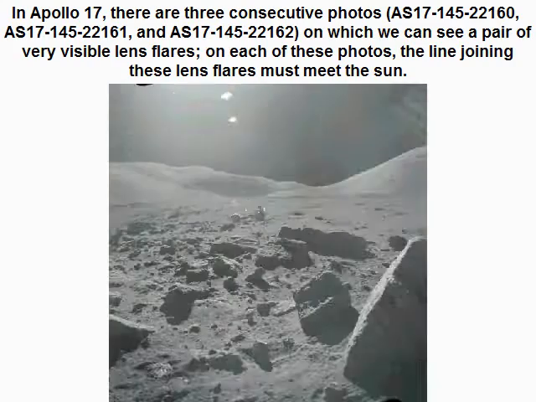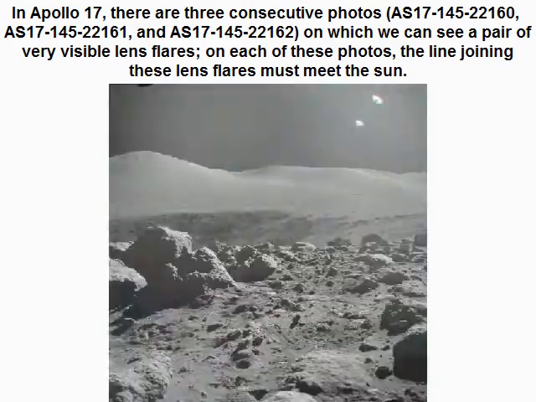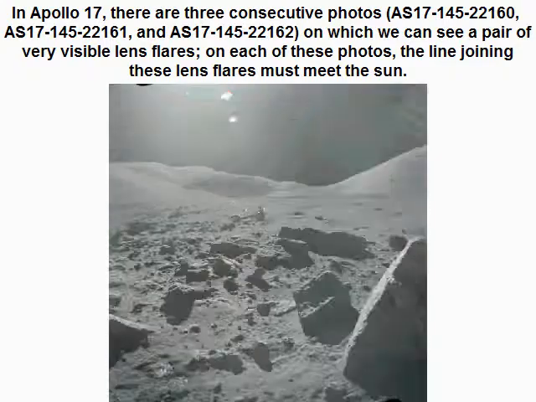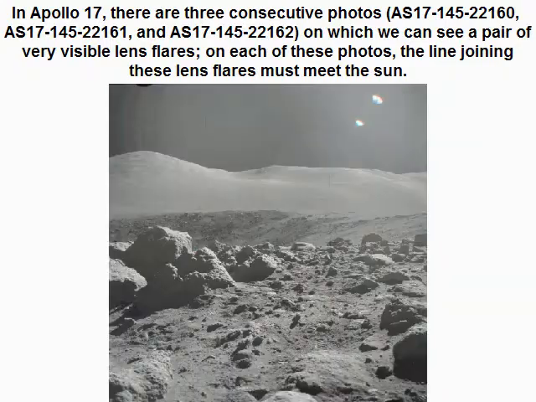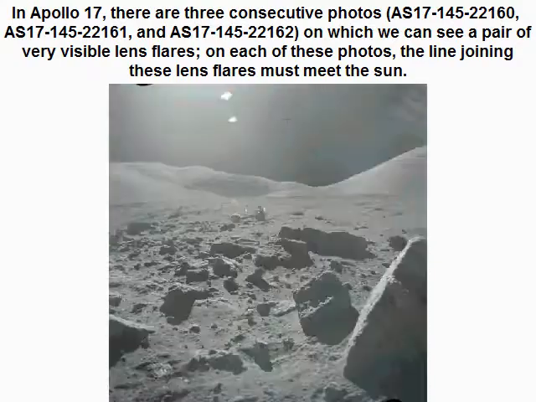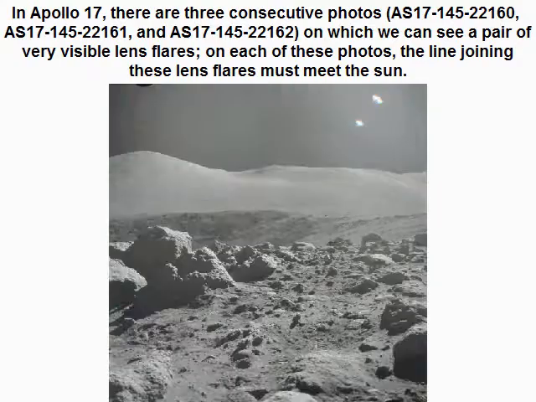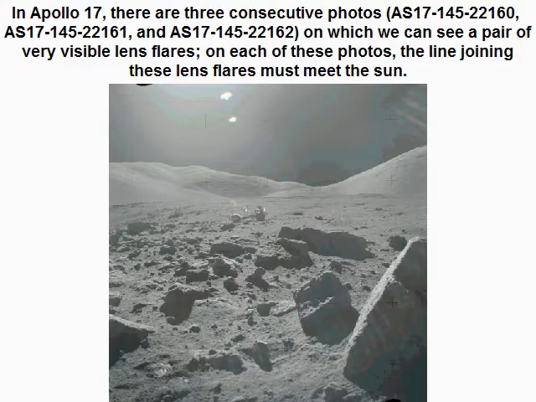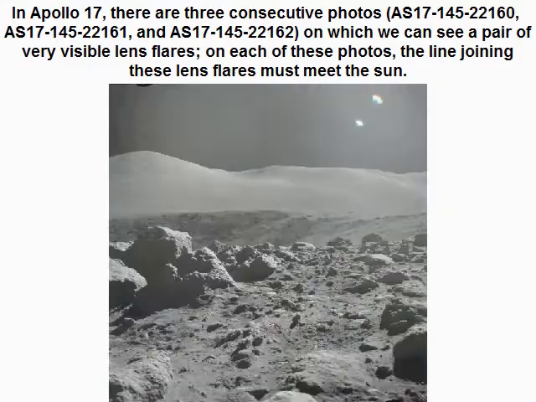In Apollo 17 there are three consecutive photos: AS17-145-22160, AS17-145-22161, and AS17-145-22162, on which we can see a pair of very visible lens flares. On each of these photos the line joining these lens flares must meet the sun.